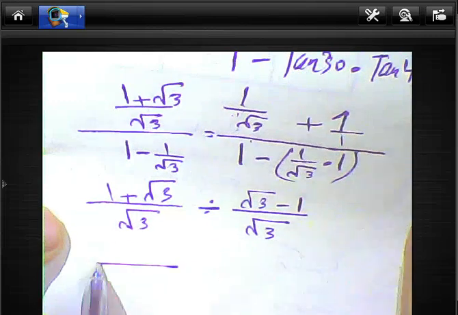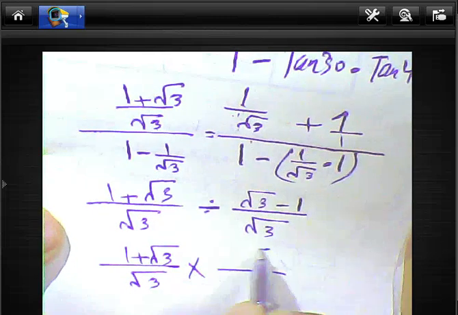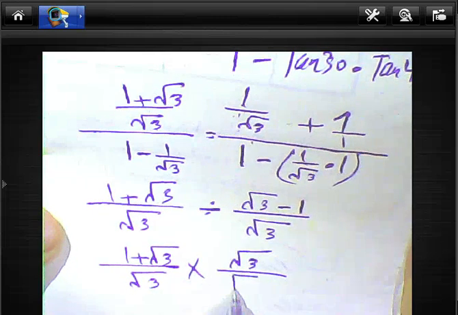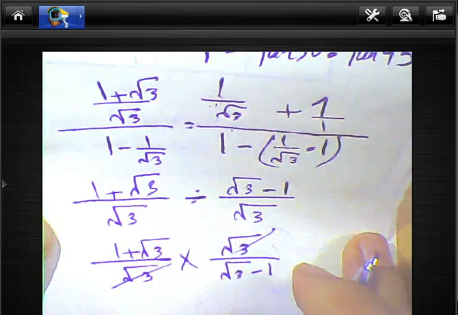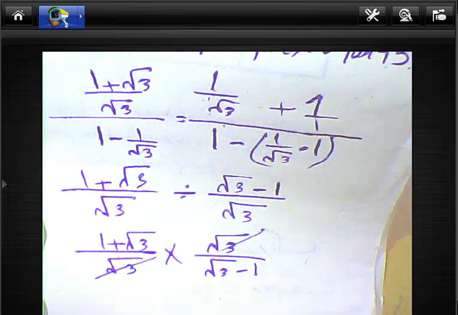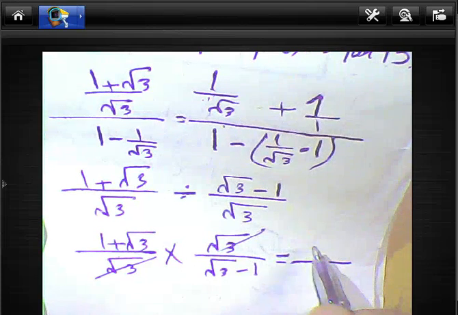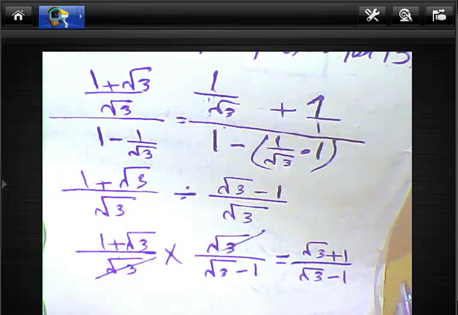And we can write here 1 plus root 3 over root 3 multiplied by root 3 over root 3 minus 1. We can cancel root 3 by root 3, so the result will be root 3 plus 1 over root 3 minus 1. This is the simplest form for this example, root 3 plus 1 over root 3 subtract 1.